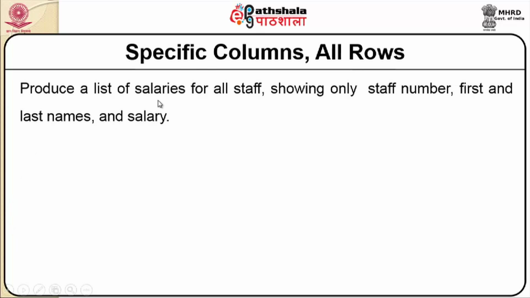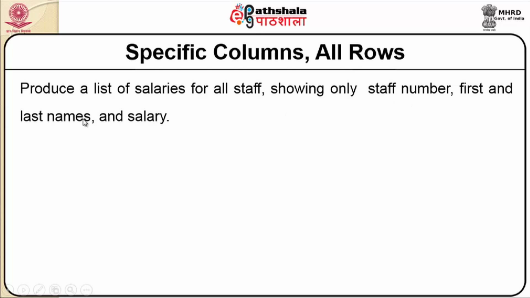So: produce a list of salaries for all staff showing only staff number, first name, last name and salary. Although all staff has been projected here, the ultimate result is to project only staff number, first name and last name.